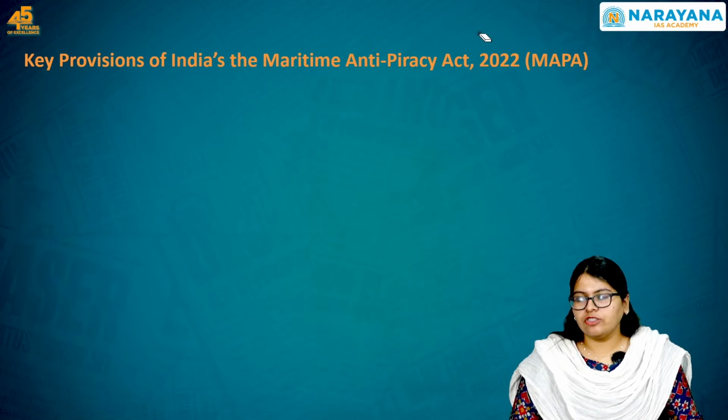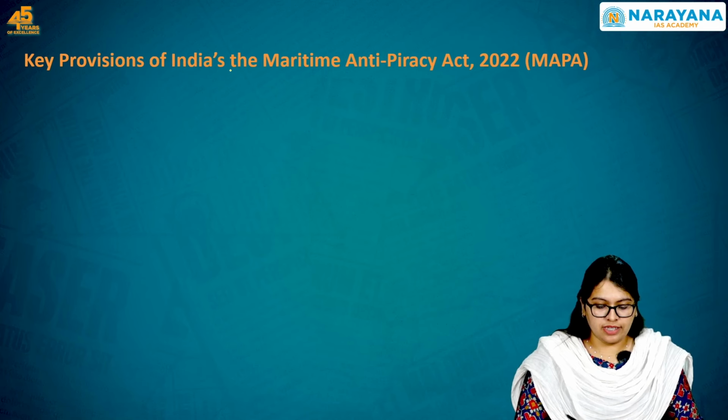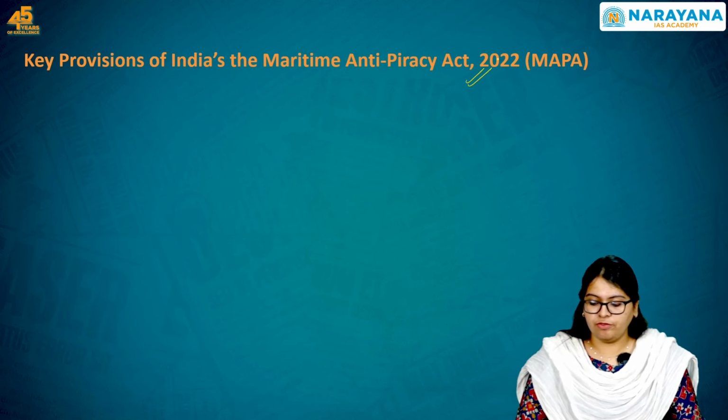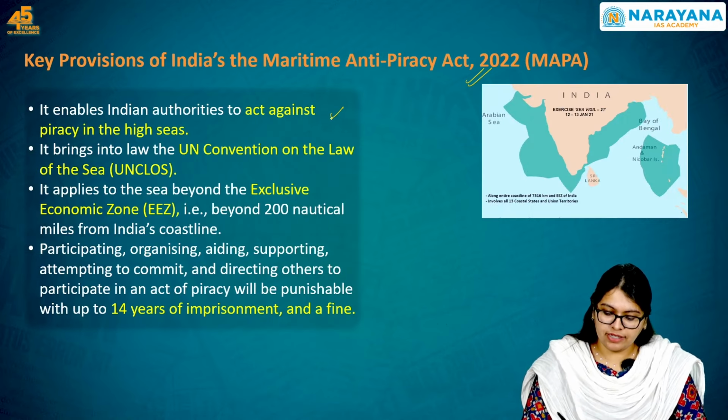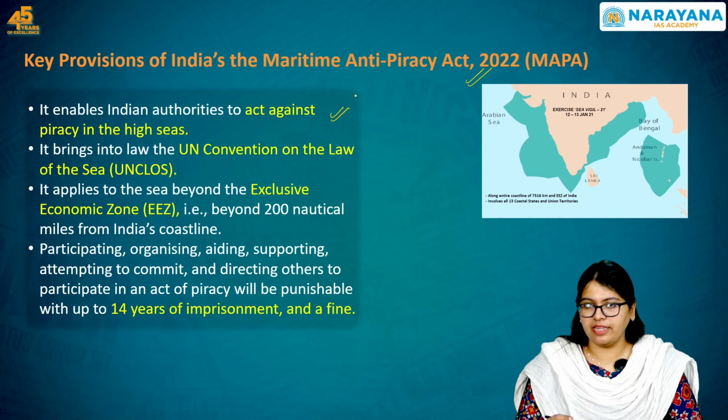Moving forward, let's conclude this article by discussing the key provisions of India's Maritime Anti-Piracy Act of 2022, that is the MAPA Act. First one, it enables the Indian authorities to act against piracy in the high seas.